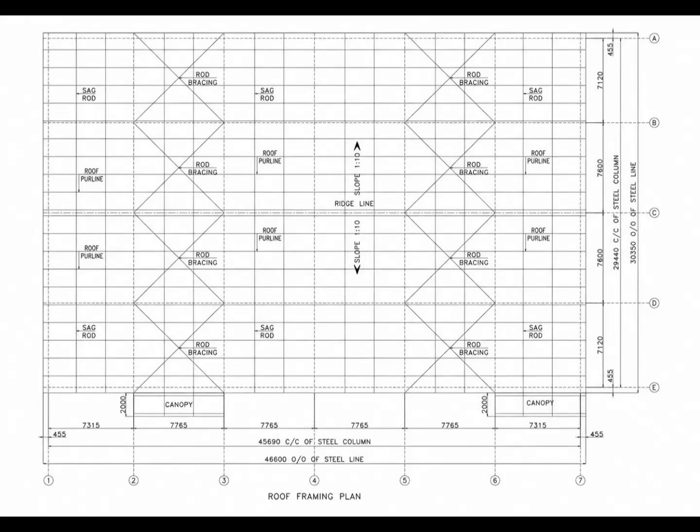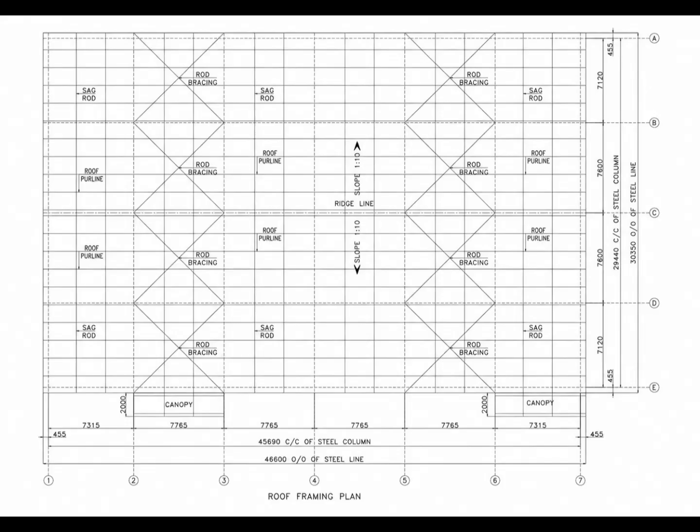The appearance of a member on a drawing can change depending on the viewing direction. Therefore, we should always identify the drawing type first. Here, the drawing title clearly tells us, Roof Framing Plan. So our interpretation should be based on a top-view roof framing arrangement.